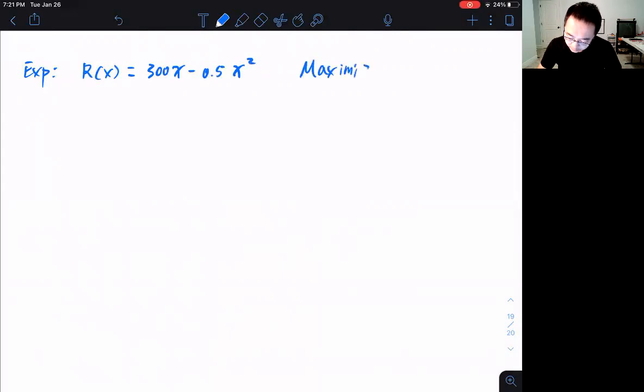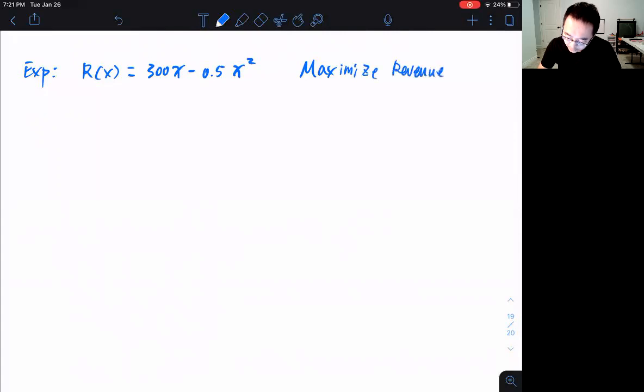She has figured out her revenue takes this form, where R equals 300x minus 0.5x squared, and x is how many days she can rent out her Airbnb each year. She comes to you and says, hey, how do I maximize my revenue?